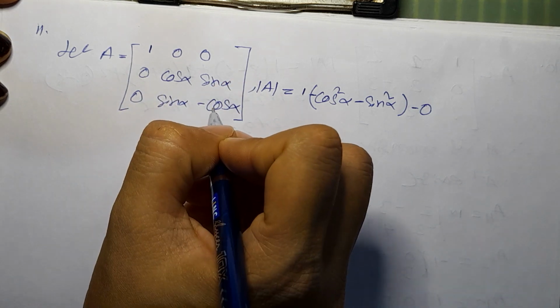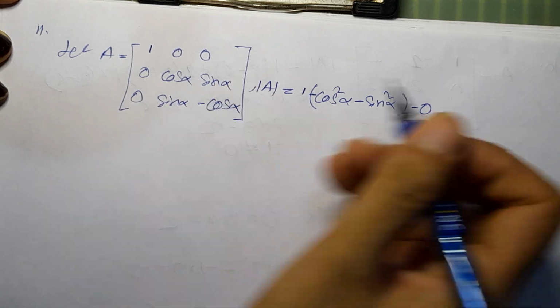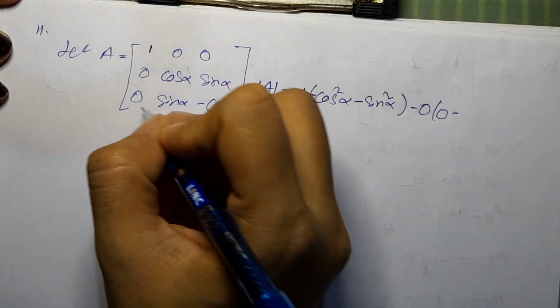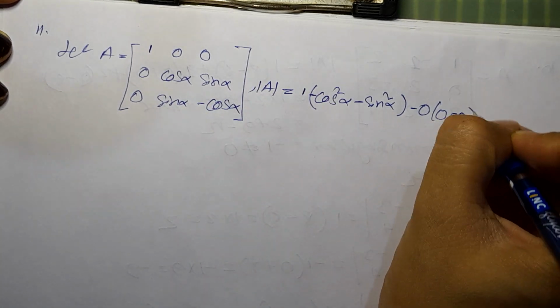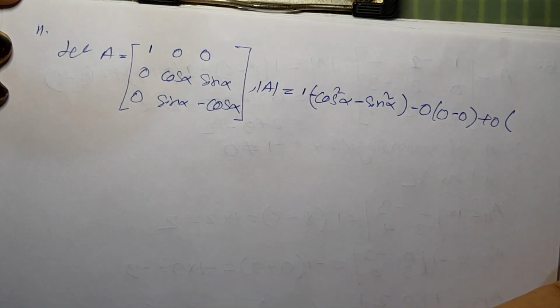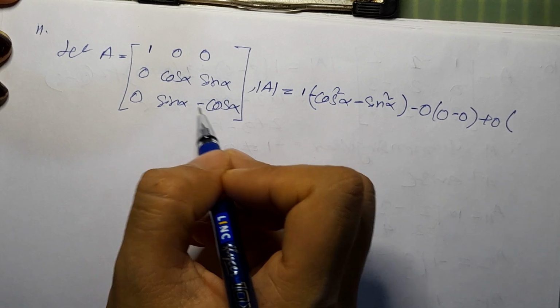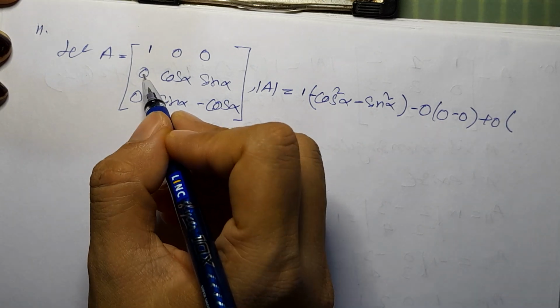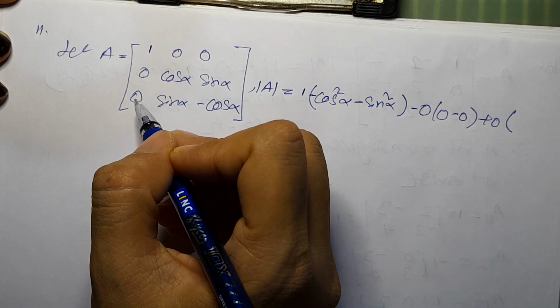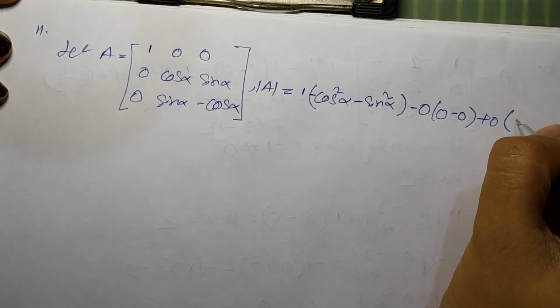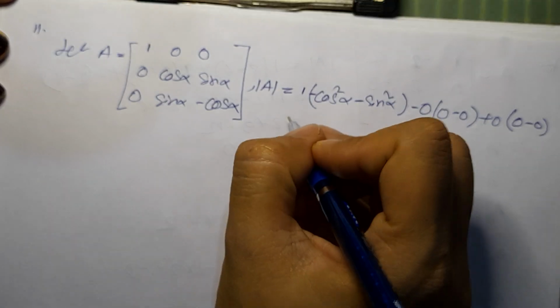So 0 into minus cos alpha, 0, minus 0 into sin alpha, so that is 0. Plus 0: eliminate this row and this column, multiply the diagonal, so 0 into sin alpha, 0, minus 0 into cos alpha, 0. So 0 minus 0.